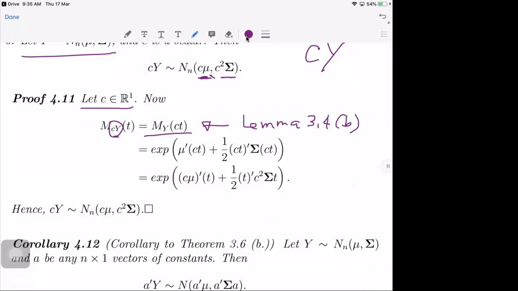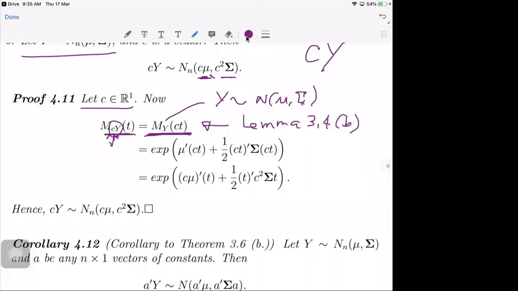Okay, so the moment generating function at t when your random variable is Cy will be equal to the moment generating function of y at ct. Now we know that y is normally distributed with mean mu and variance sigma.